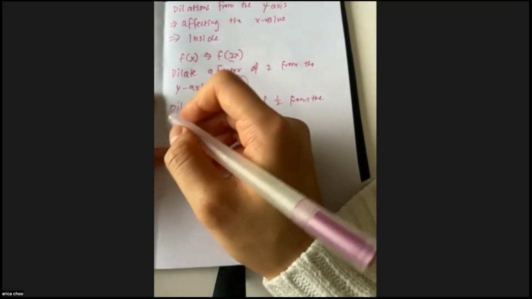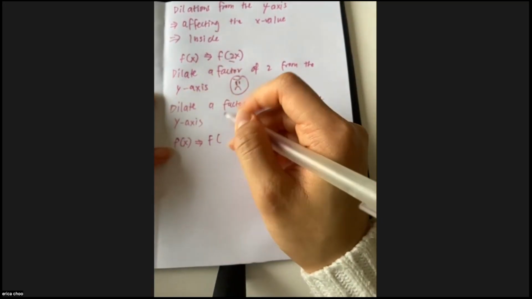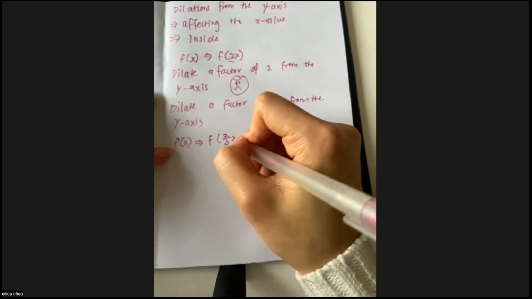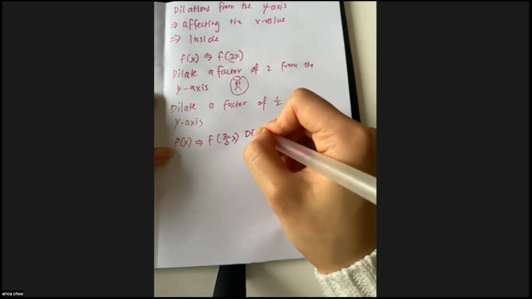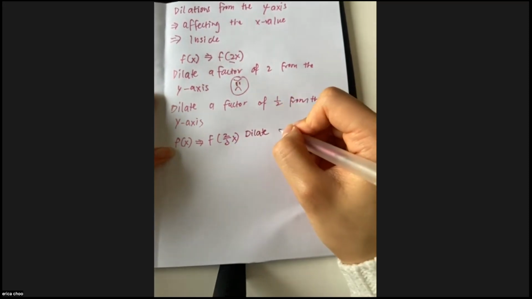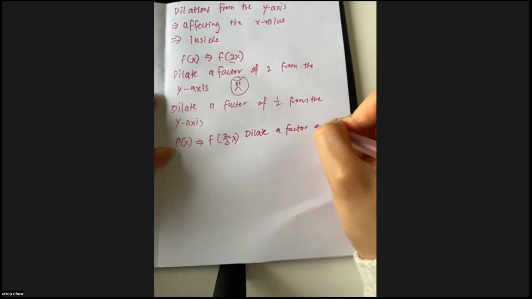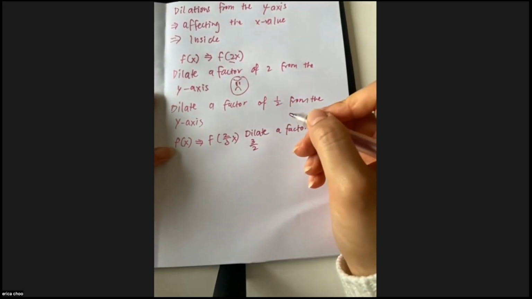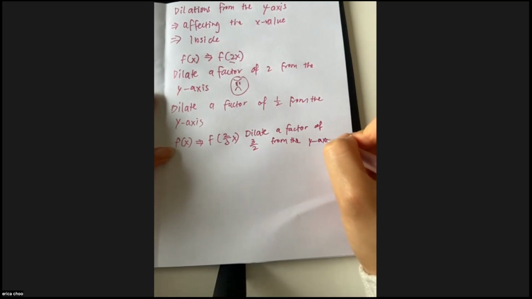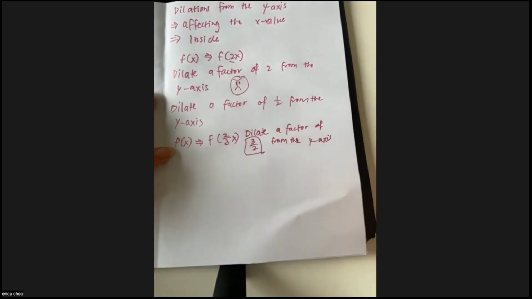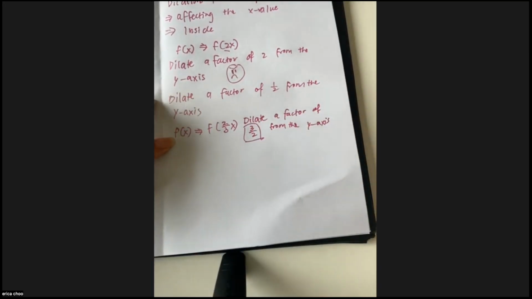So for instance, if I have this transformation goes from f of x to f of 2 over 3 x, what the actual word transformation would be is dilate, not 2 over 3, a factor of 3 over 2. You flip it from the y-axis. And every time you flip it, this is what we call a reciprocal, okay?